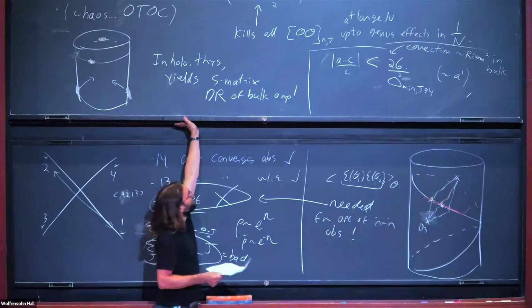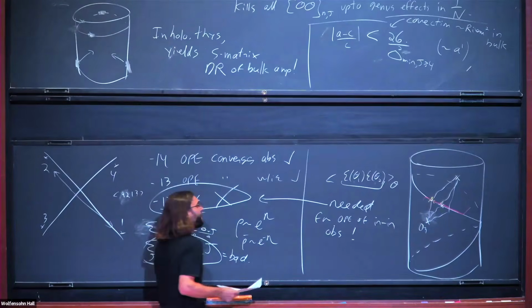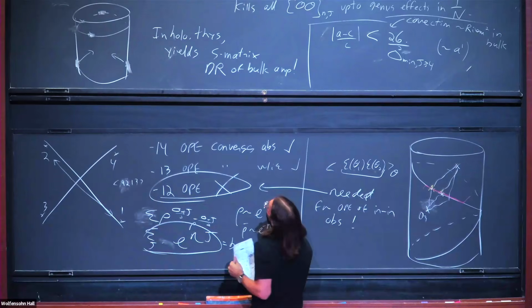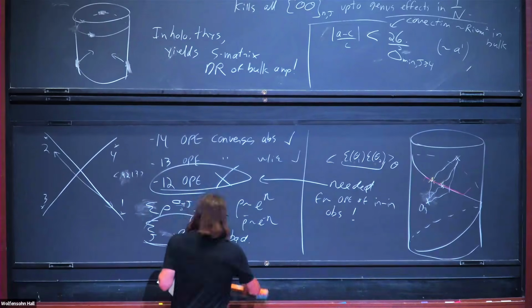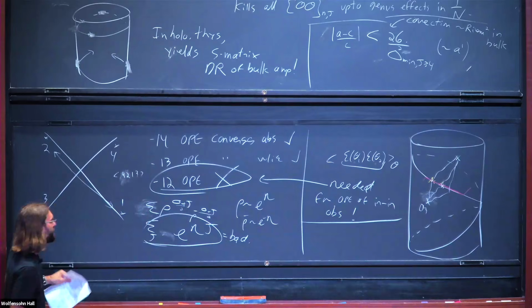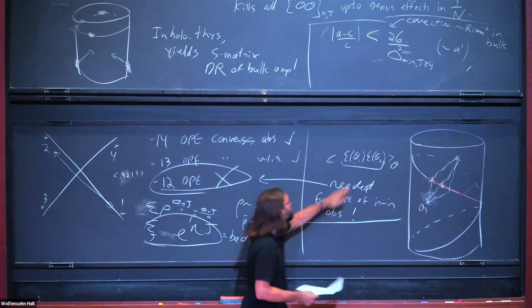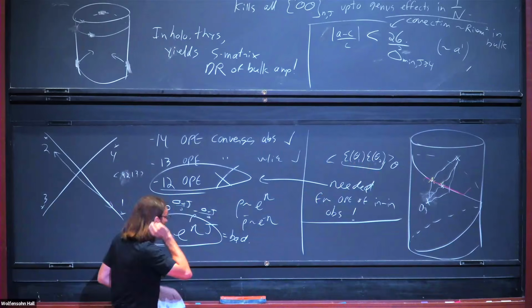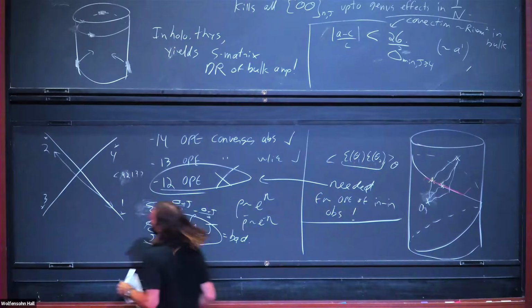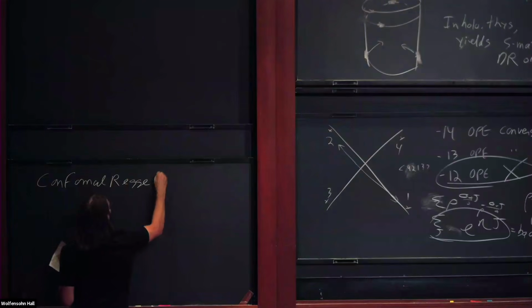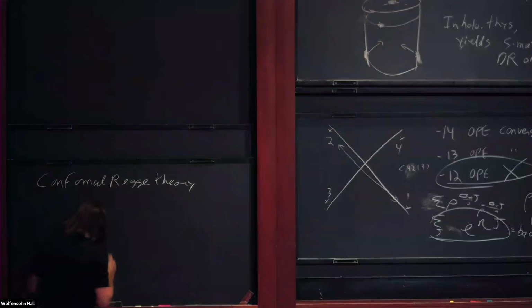Since I'm out of time, I'm happy to discuss this offline, but I want to mention that there's been some progress in understanding how to do this, and for the EE two-point function we have a well-developed theory. The way around goes under the name of conformal Regge theory.